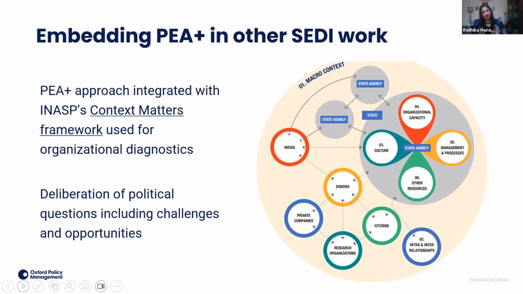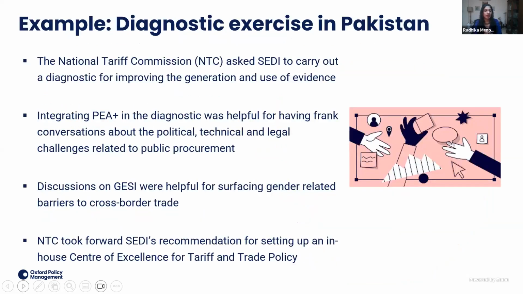They look at organizations, a real deep dive looking at capacity, culture, management processes. But bringing in PEA Plus actually helped us deliberate on what are those political questions that we may be missing. Next slide, please.